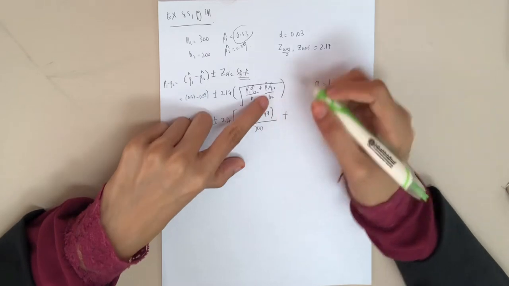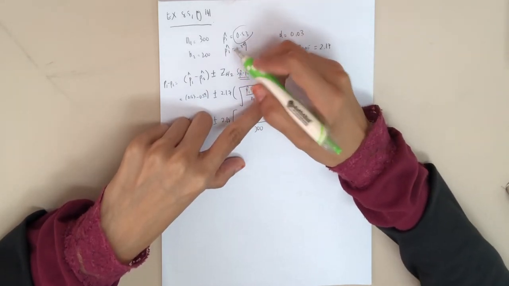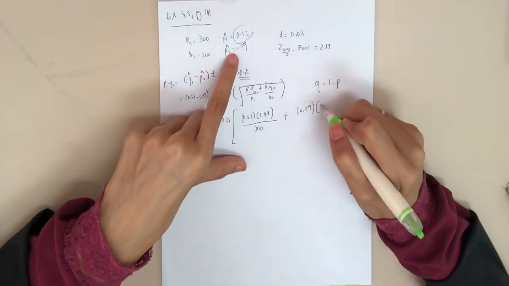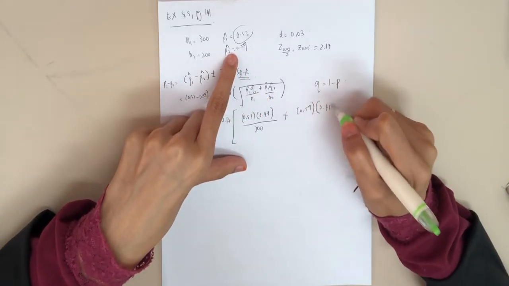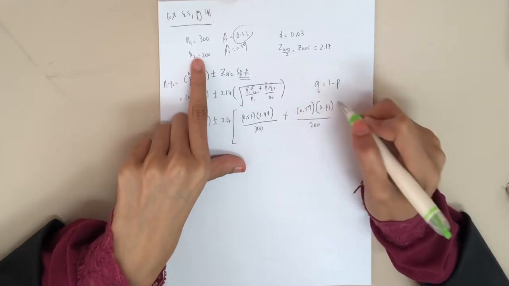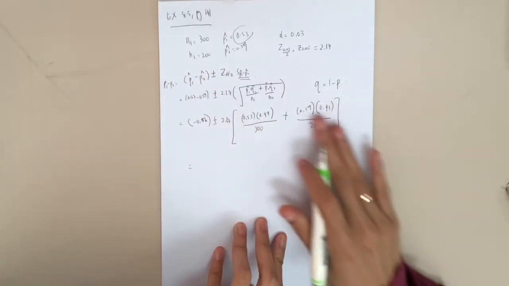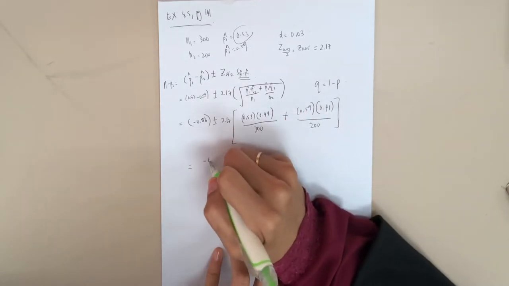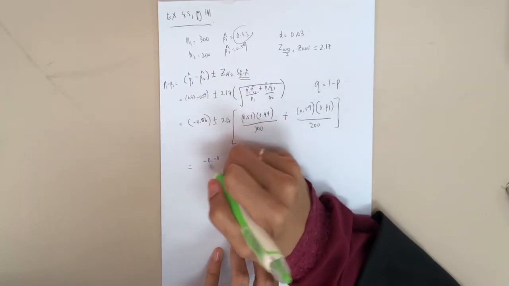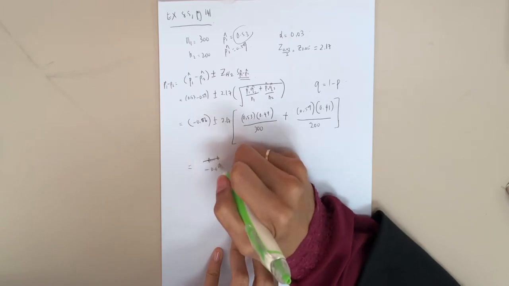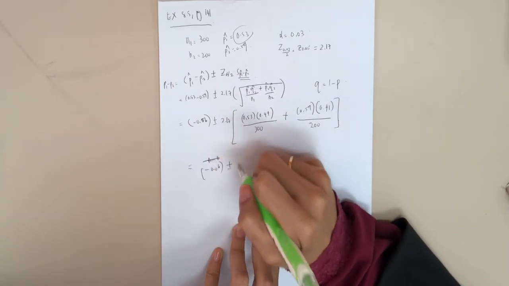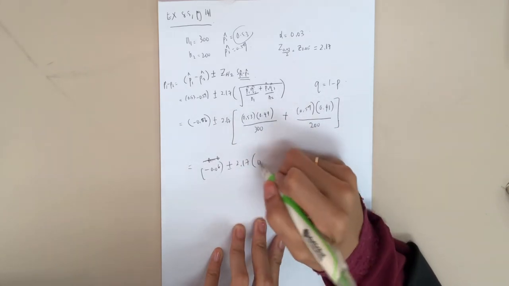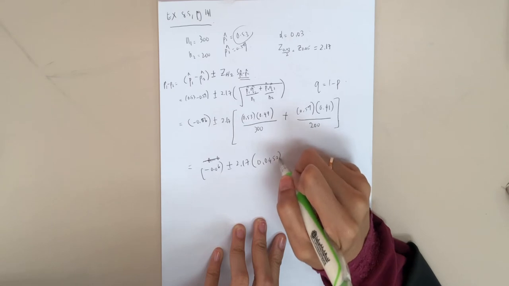Then plus P2 hat, which is 0.59, times 1 minus 0.59, which is 0.41, and then divide by 200. So you solve this one, then you substitute back here: negative 0.06 plus minus 2.17 times this one, which gives 0.0452.